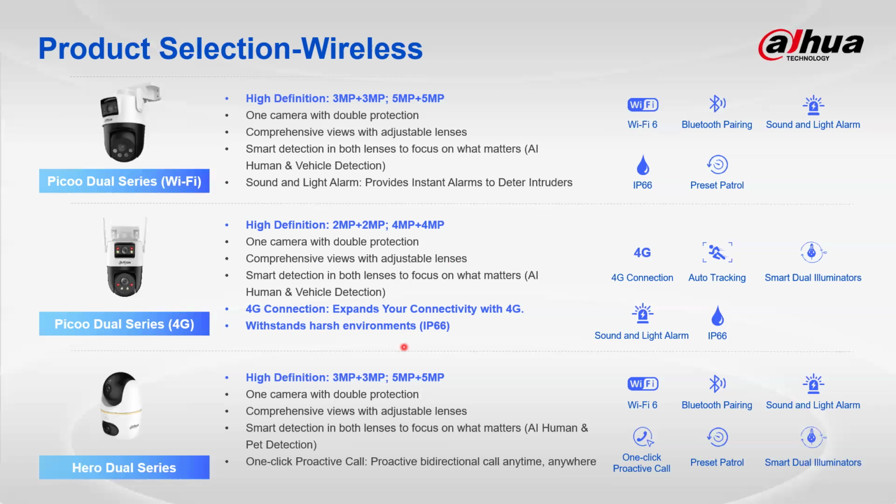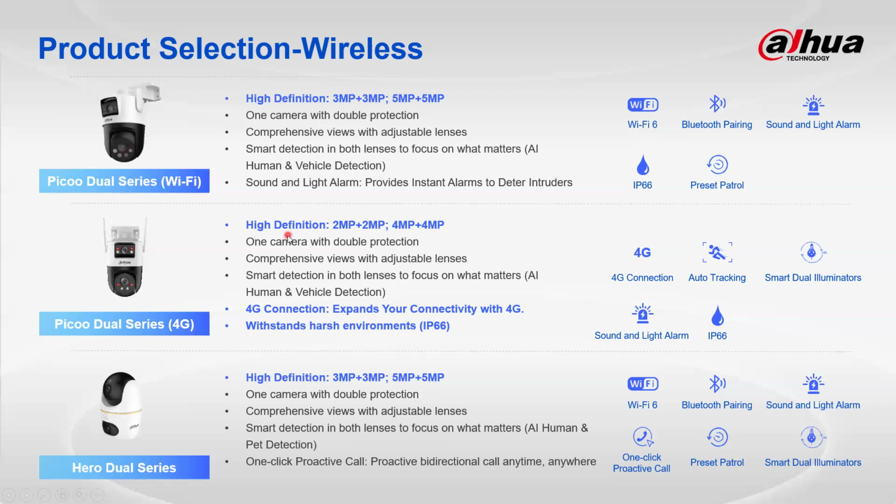Now, when it comes to resolution, the dual series Wi-Fi Pico series supports 3 plus 3 MP, 3 each for the top and the bottom, or it can come with another variant of 5 megapixel on both lenses.